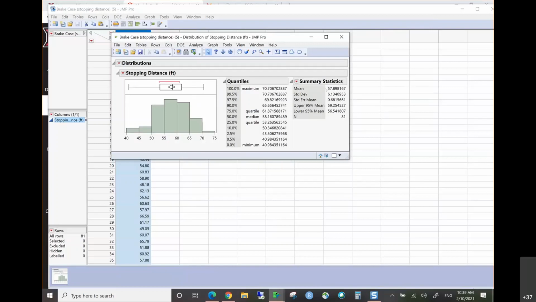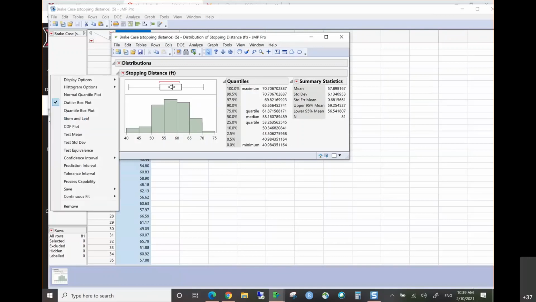All right, so now I want to make a hypothesis test about whether the population mean is less than 60. I got the sample mean is 57.89. I want to know whether the population mean is less than 60. So how can I do this hypothesis test? Similarly, we just choose the functions by clicking this red triangle beside the stopping distance, just where we find the confidence interval.